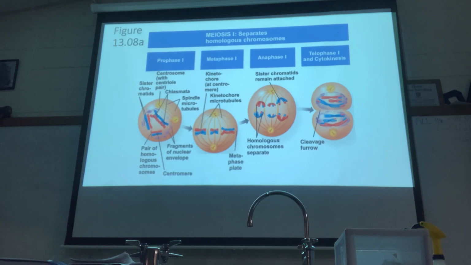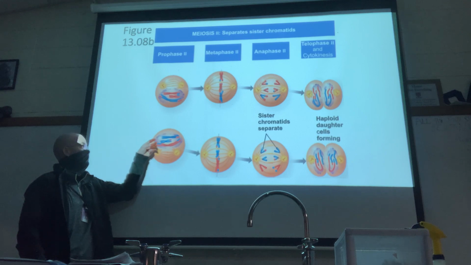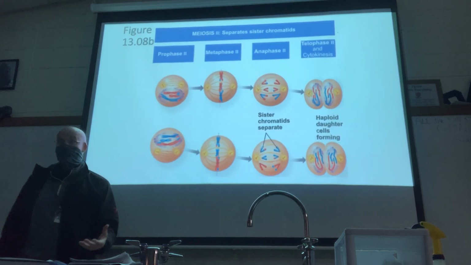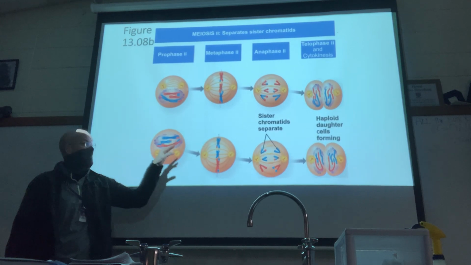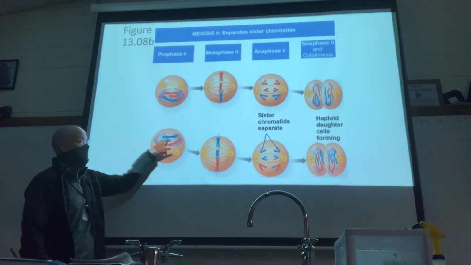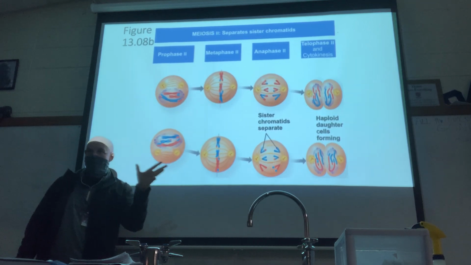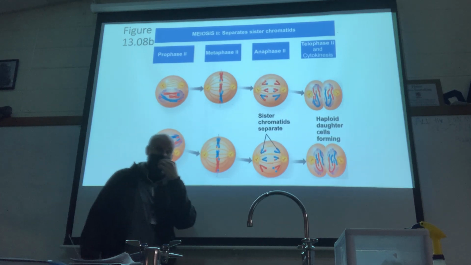By the time we are starting prophase 2, how many do we have? 3. We are at half the number. This is already what we would call a haploid cell. I know you could argue, well, each one has 2 sisters, but we still count these 2 sisters stuck together as one package or one chromosome. So we've already cut the number in half.